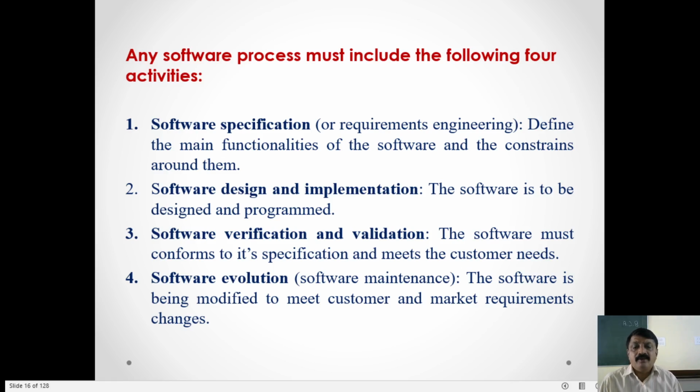Software maintenance, evolution. Maintenance is very important. Properly you have to check it frequently, each and everything. Then the life of the software will be increased. Suppose if there is no proper maintenance and something happens in your software, it is very difficult to correct it.